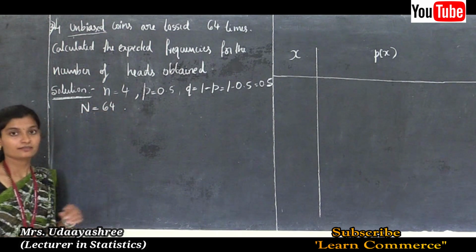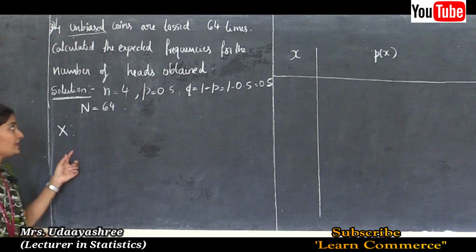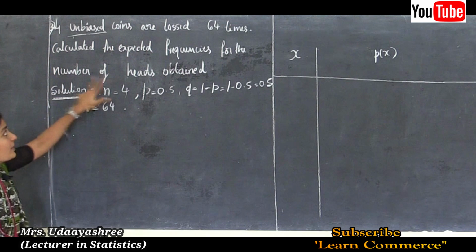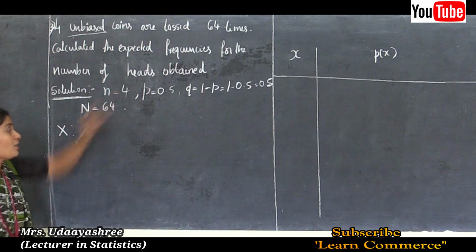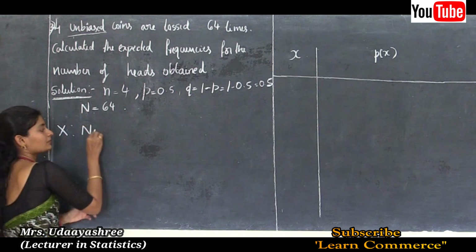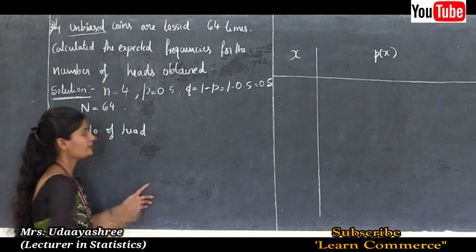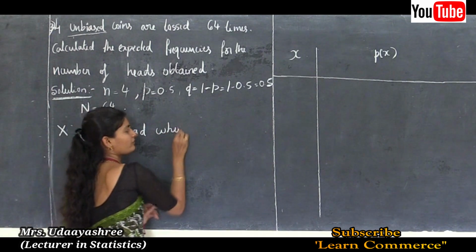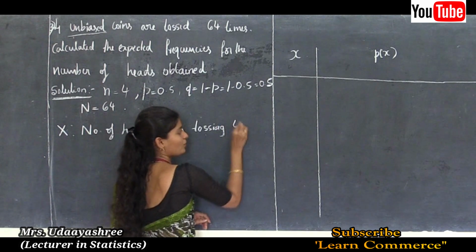Okay, next we need to write x. Here x is the value of the variable, the number of heads obtained when tossing 4 coins.